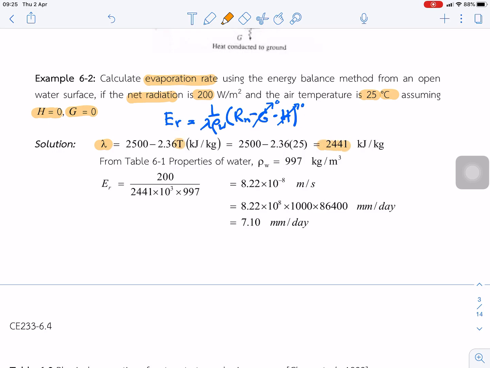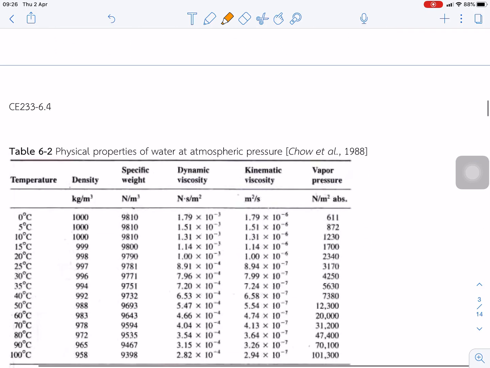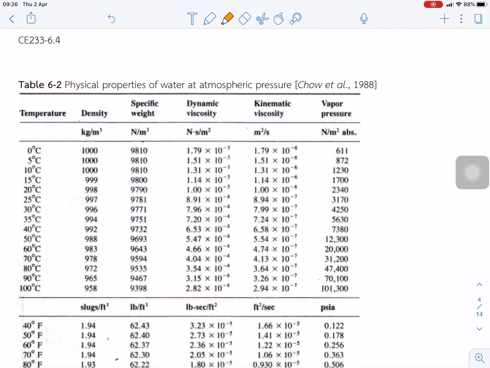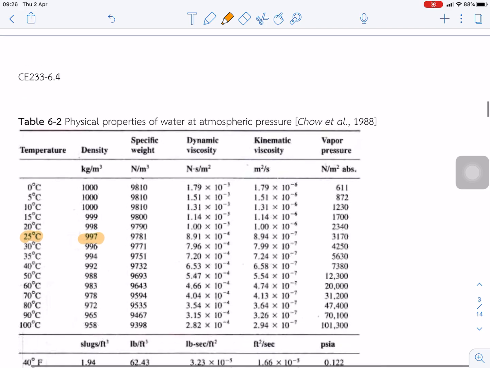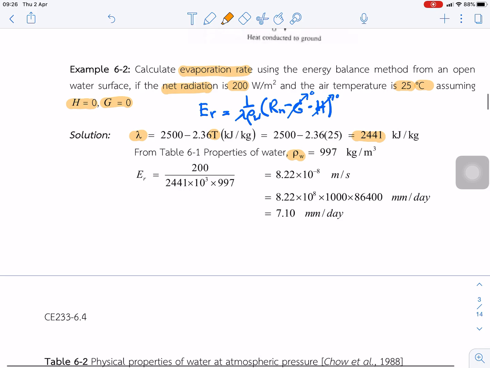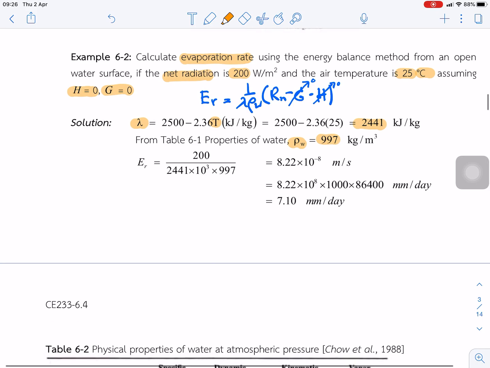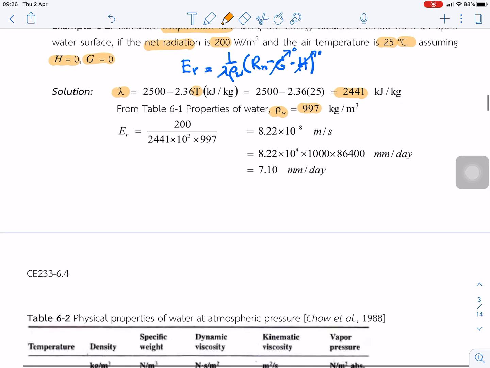So we got 2441. And next we find the density of water at 25 degrees, in the table of physical properties of water. Density is 997. So we can use 997 for density and substitute in the equation.